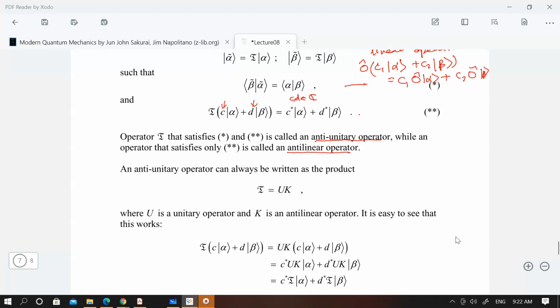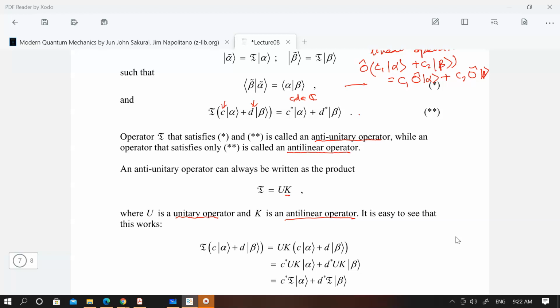So one can do this kind of decomposition of the operator. If you have an antiunitary operator, then it can be written as a product of two operators: one is U, where U is a unitary operator, and the other one is K, which is an antilinear operator.